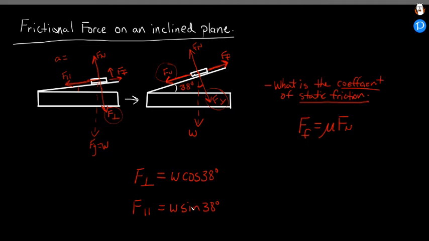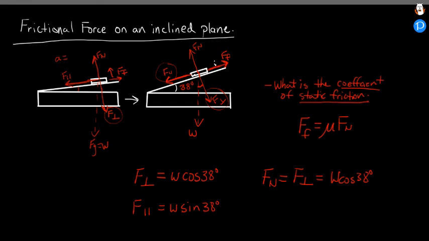Okay? So now let's think about it like this. Let's say that I want to figure out the normal force first. The normal force we know is going to be whatever this perpendicular force is. So normal force is going to be equal to the weight times the cosine of 38 degrees.